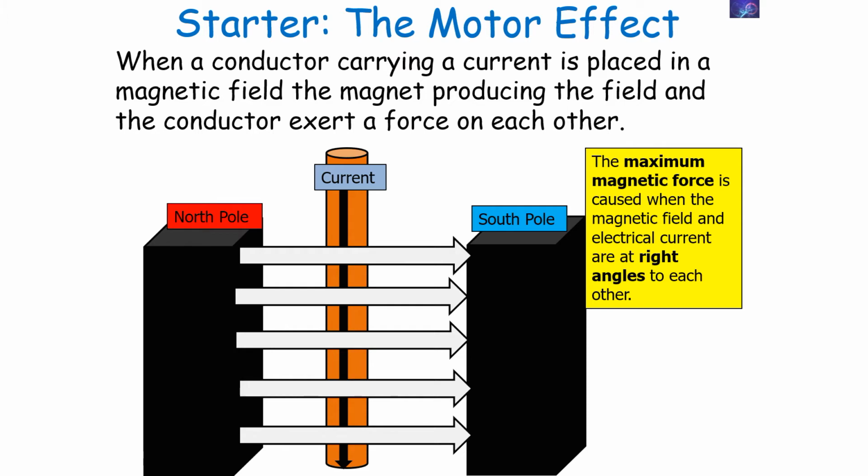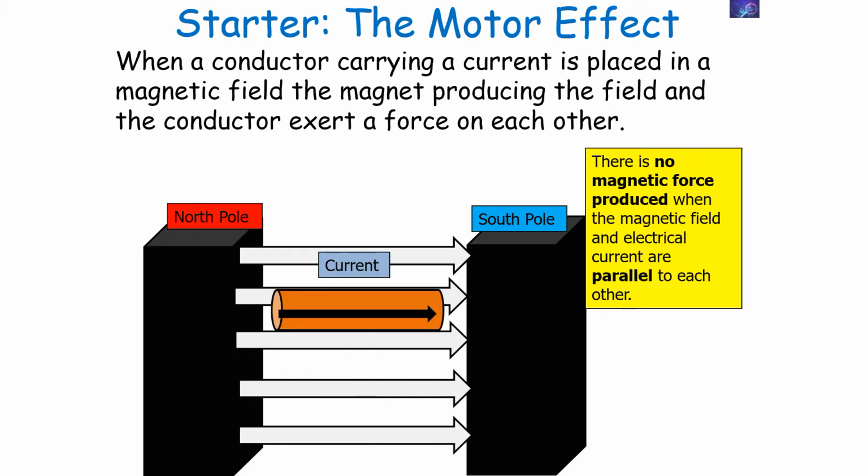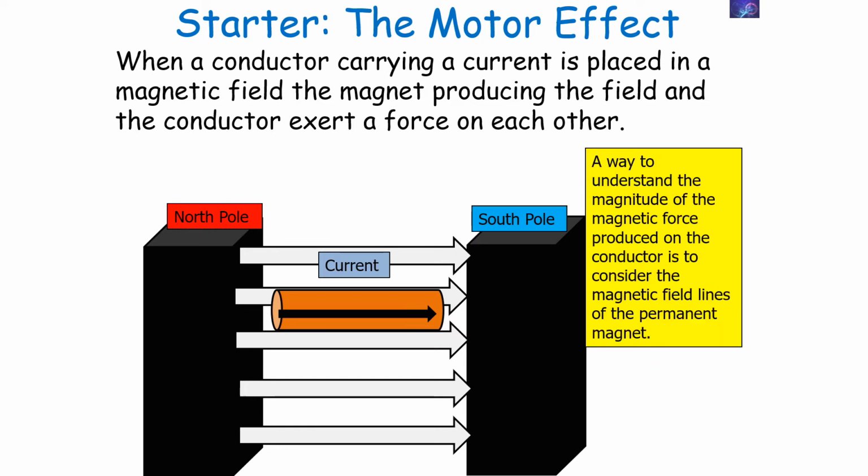Now we mentioned this previously, but the maximum magnetic force is caused when the magnetic field and the electrical current are at right angles to each other, whilst there's no magnetic force produced when the magnetic field and the electrical current are parallel to each other. A way to understand the magnitude of the magnetic force produced on the conductor is to consider the magnetic field lines of the permanent magnet.